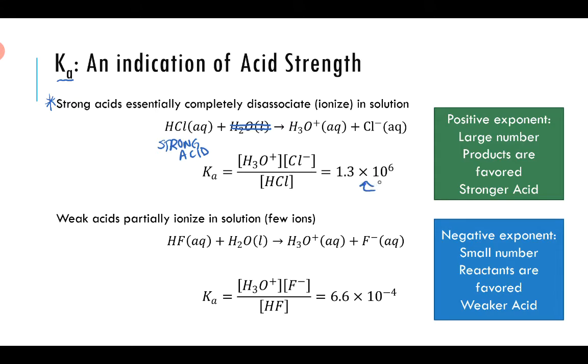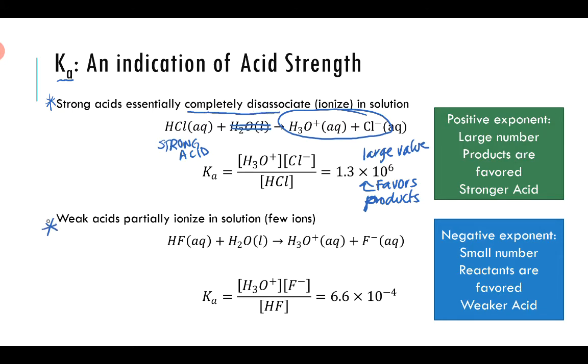Large value, so this favors the products. That means we have mostly our hydronium and Cl minus ions, which supports our idea that it completely dissociates.